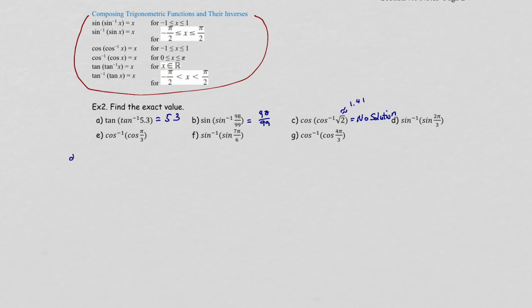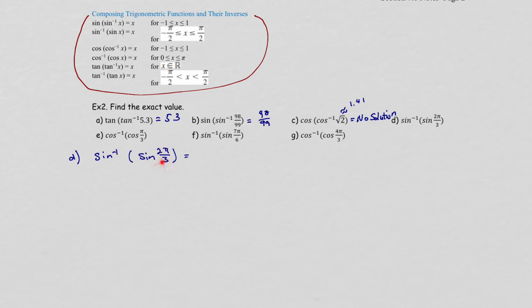And D, we have sine inverse of sine 2 pi over 3. And we know that sine domain, where is the sine domain? Right here, which has to be between -pi/2 and pi/2, and this is over pi/2. So this is outside of your domain.